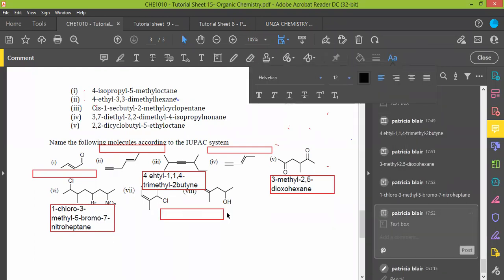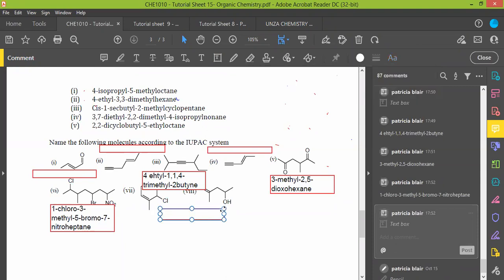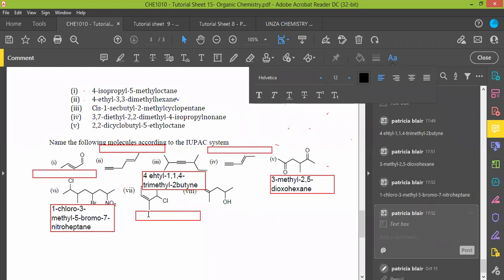Can I have the name for the seventh? The name for the seventh molecule. I should have given this one to Valen. Valen, are you in class?